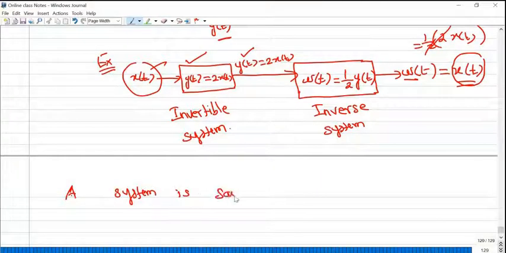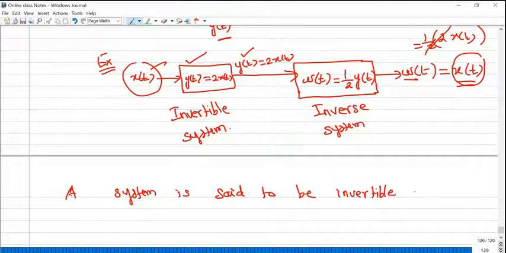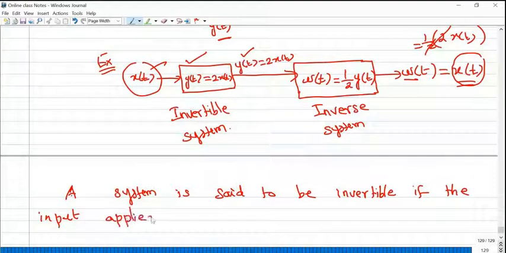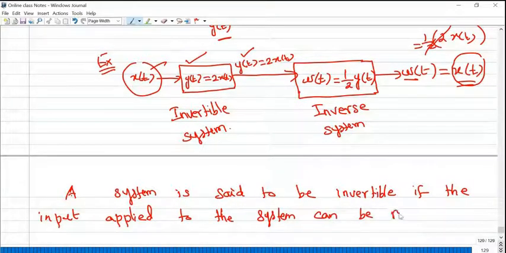A system is said to be invertible if the input applied to the system can be recovered from the output of the system.